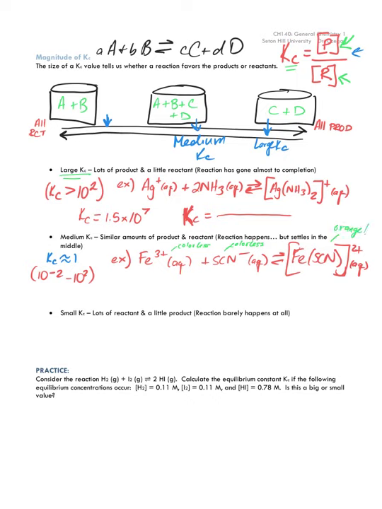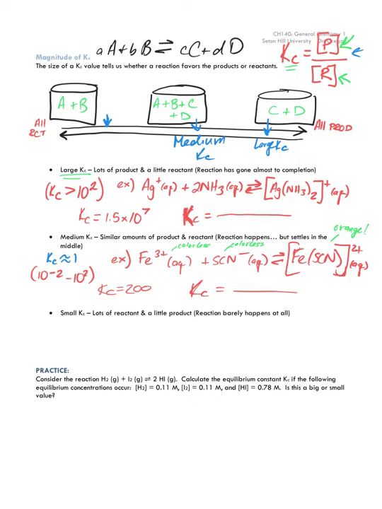So it's kind of a cool reaction because you can see how it forms, and you can play around with the equilibrium and change how dark the orange becomes. So again, I want you to practice writing the equilibrium expression for this and check the posted answer key to see if you've done it right. The Kc value for this reaction is 200. So that's an example of a medium Kc value.